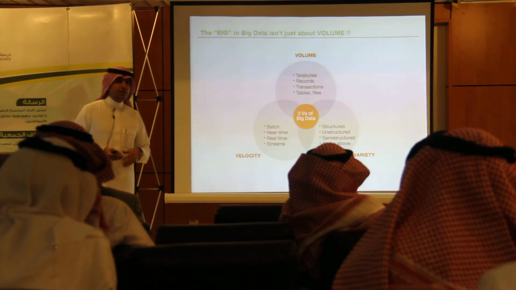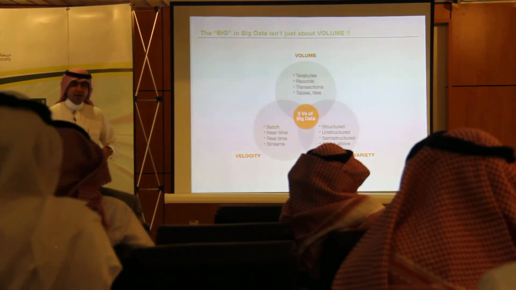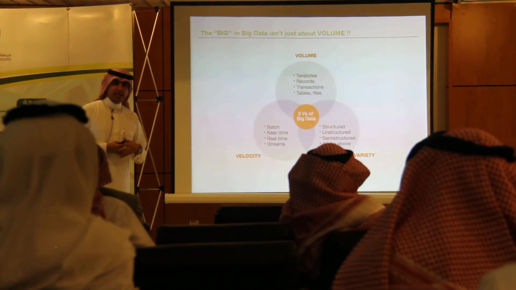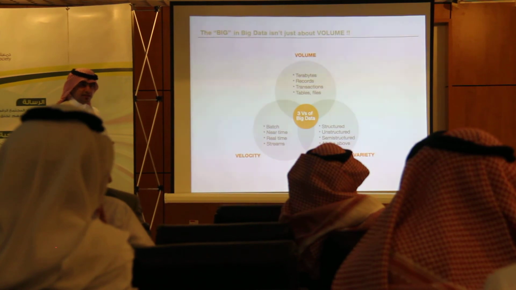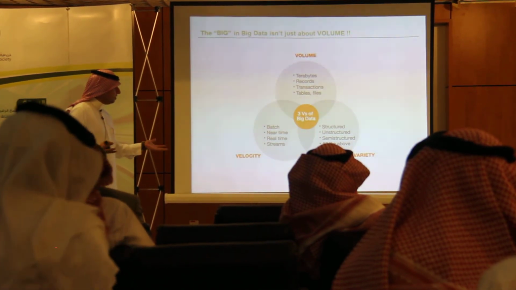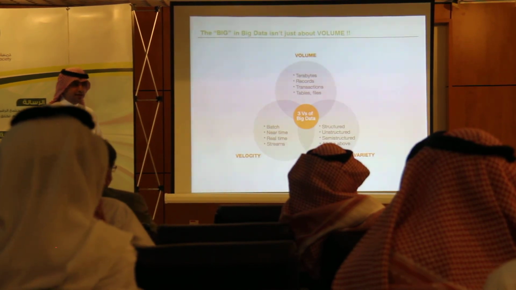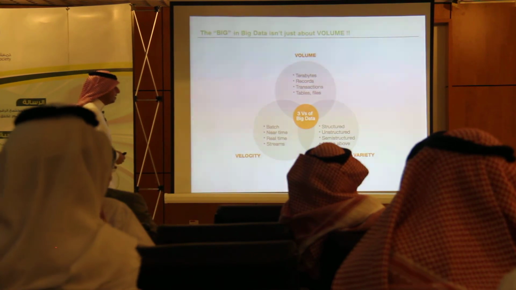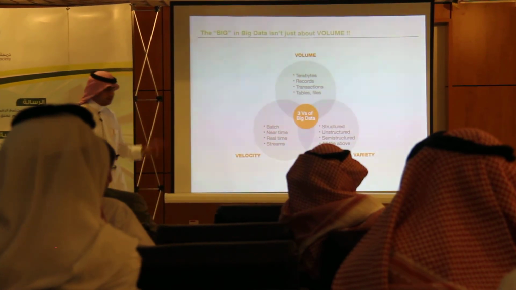Tremendous. With the use of social media, with the use of the digital world, the sources of data become endless. And also the velocity. We have batch data, we have real-time data. So big data is about 3 things: volume, variety, and velocity.